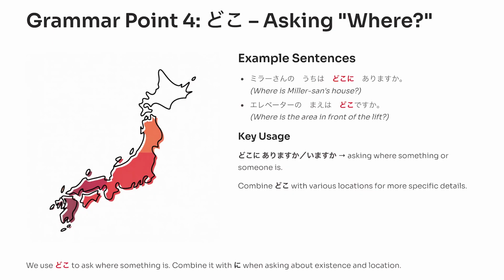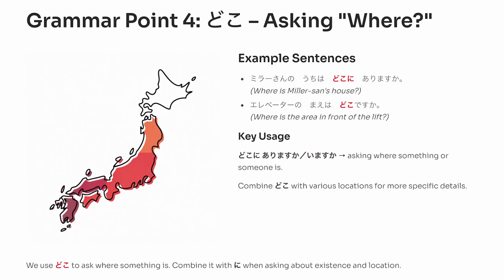After learning how to describe locations, the next step is learning how to ask where something or someone is. In Japanese, we use the question word どこ, which simply means where. When asking about the location of an object or place, the basic pattern is noun wa doko ni arimasu ka?